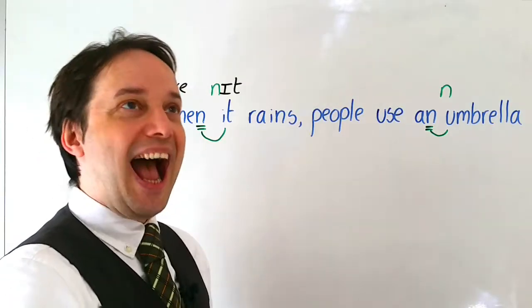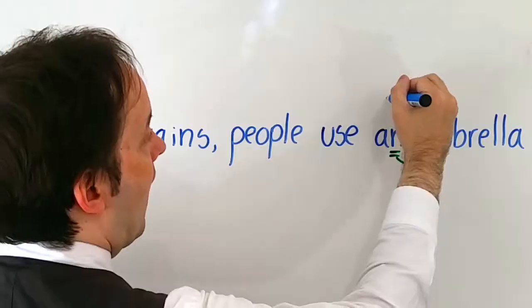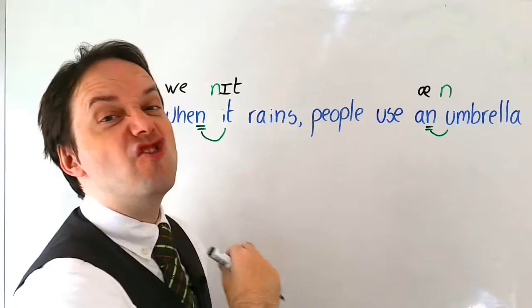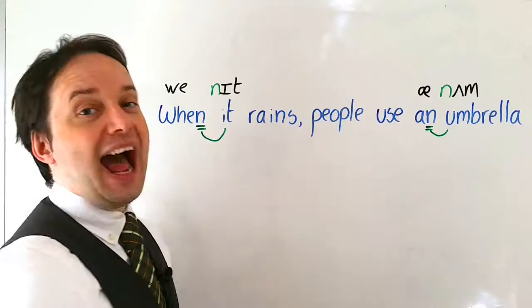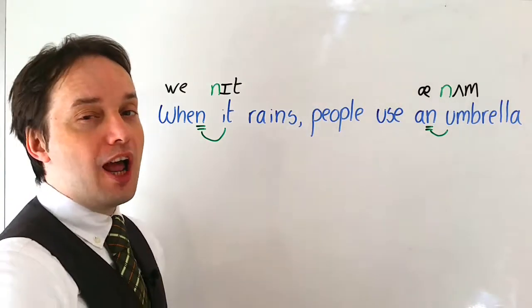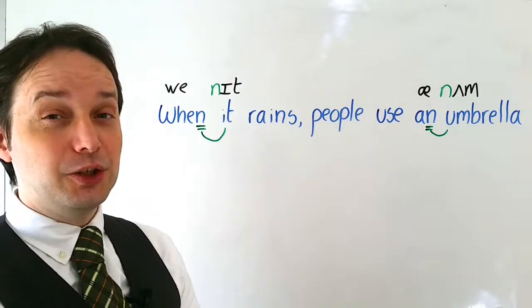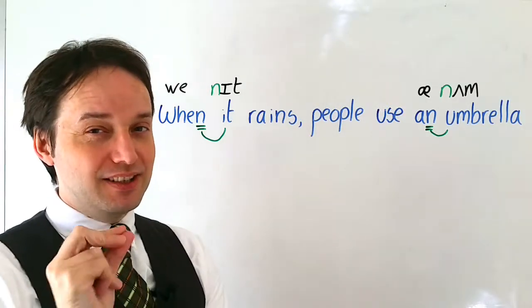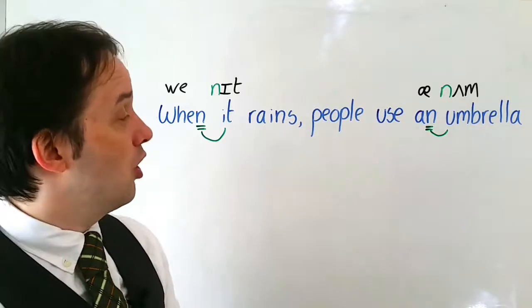So we don't say an umbrella, we say an umbrella. And there's actually one more connection. Can you see it? This is a bit more difficult. Okay, but let's look first.